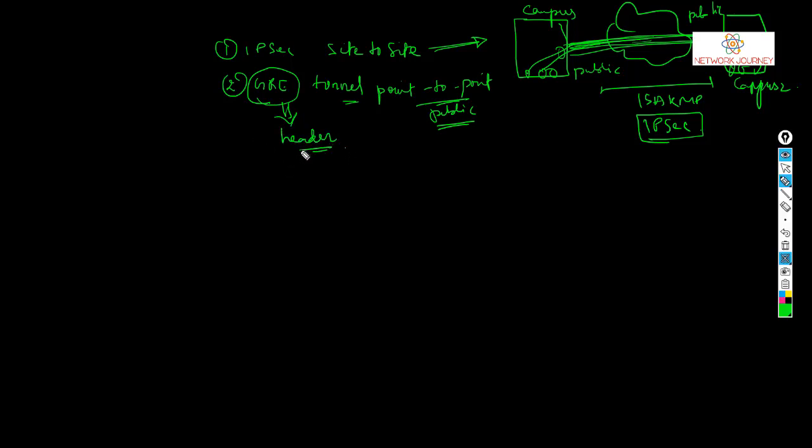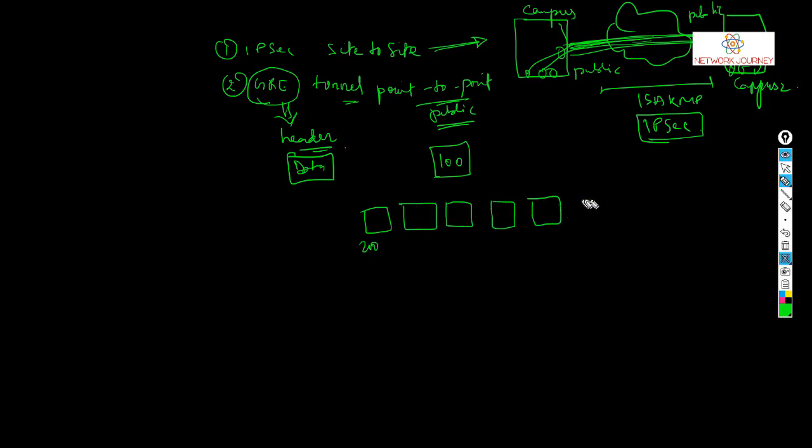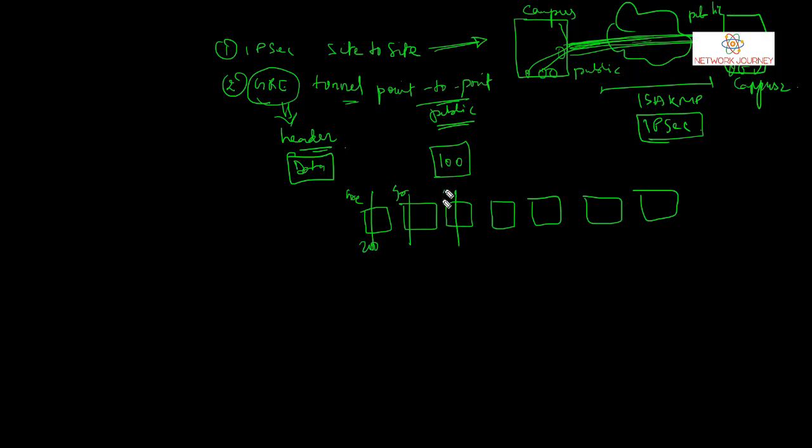When you have a bulky header size, the data will shrink. So let's say if you had to send 100 data packets over IPsec, with GRE the same 100 would now be 200, because the data gets fragmented into smaller bits and each piece is added with the GRE header. So the GRE header is bulkier, which makes the data shrink.